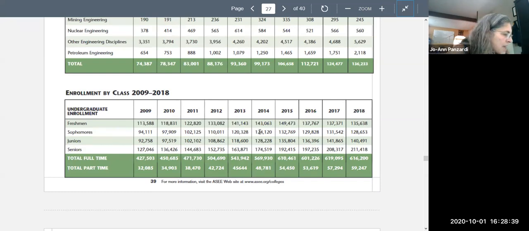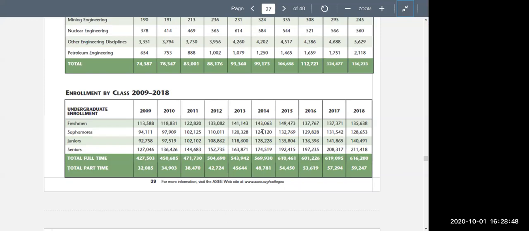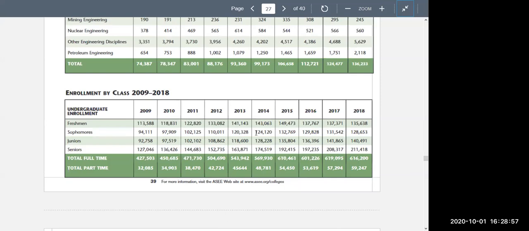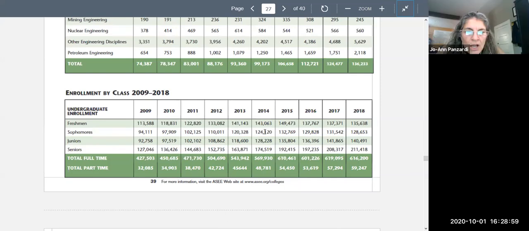When they went to their sophomore year, Alexis, going from freshman year to sophomore year, what number are you looking at now? A little bit over 120,000. Right, a little bit over 124,000, which means about 15,000 students who started as freshmen in engineering dropped out of the program.